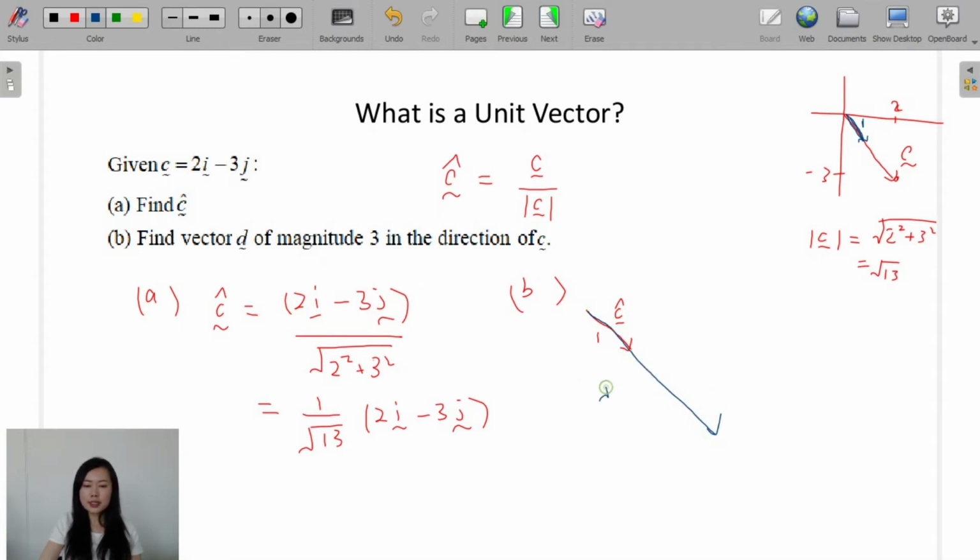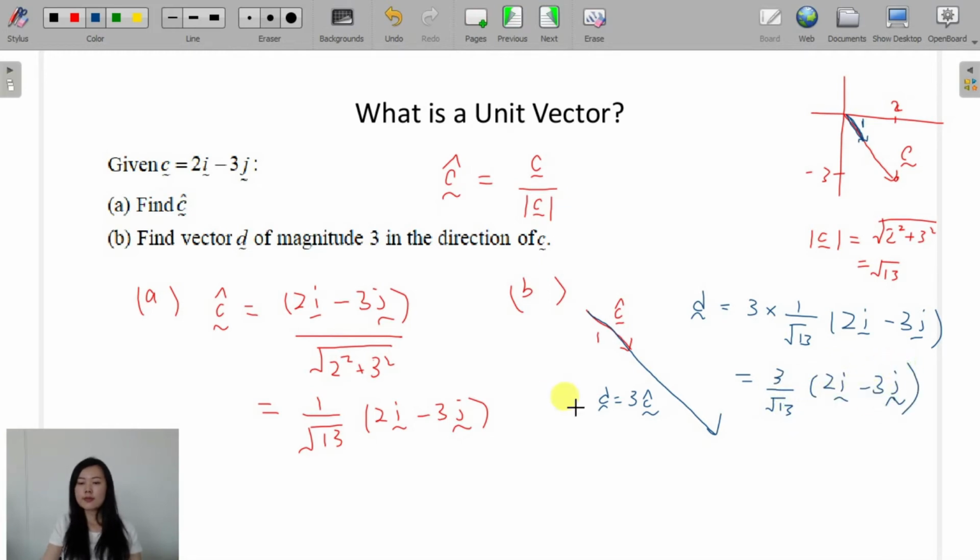So D is 3 times the unit vector, if you want to get it into the same direction. That's all it really is. It sounded more complicated than it actually is. Without rationalizing it, you can rationalize it as well.